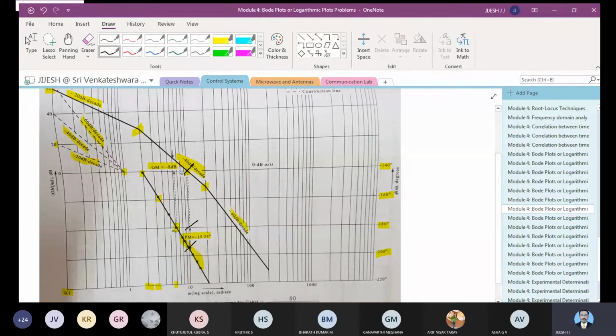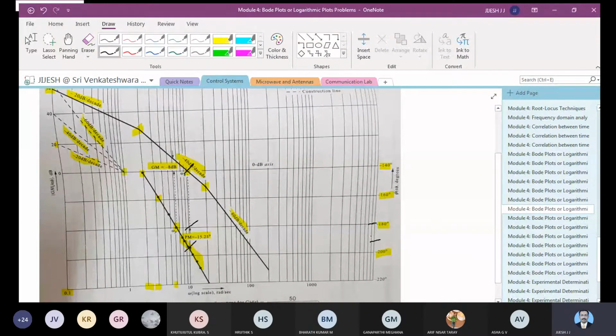You have to take the difference this dotted line creates. This is 180-degree, and this degree also you need to calculate how much it will be, somewhere around 195 degree.